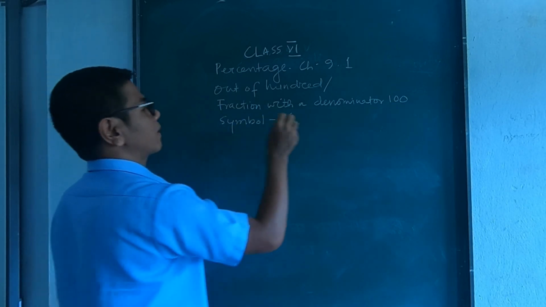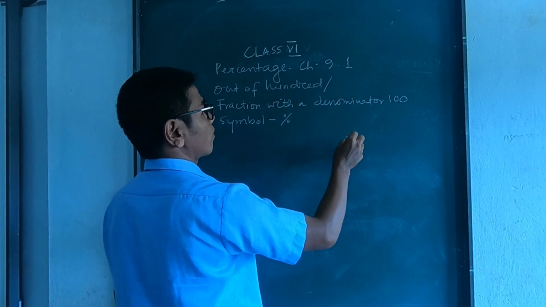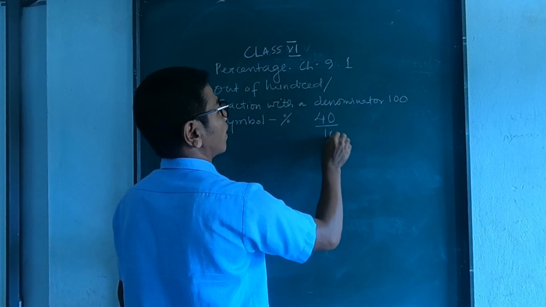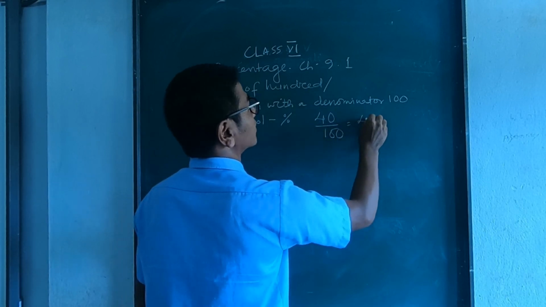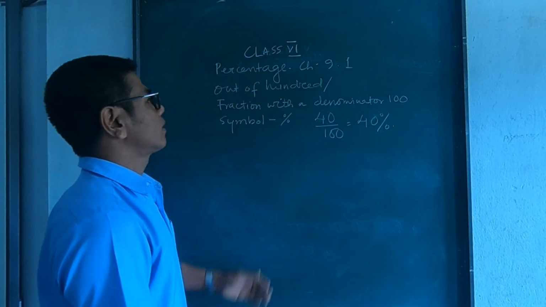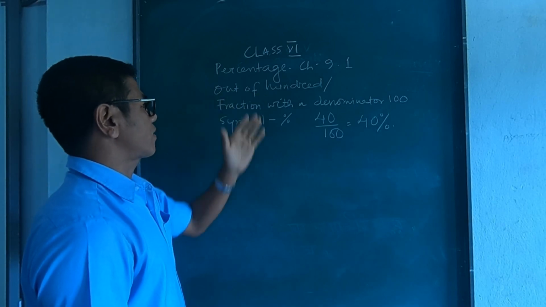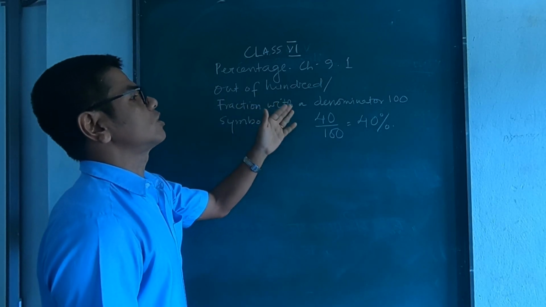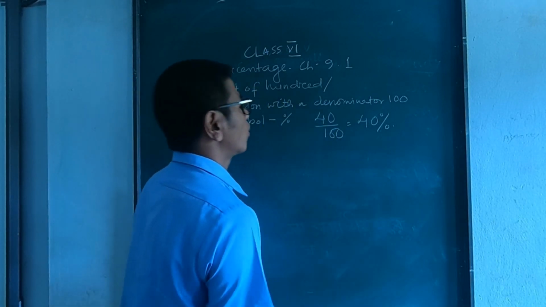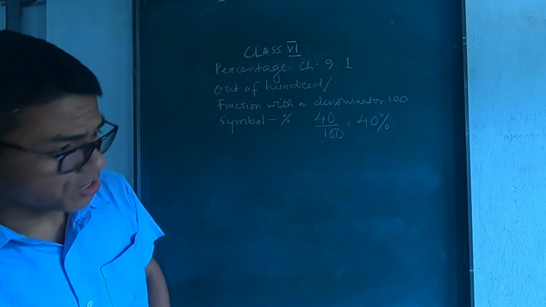So when we write percentage, for example, if you score maths 40 out of 100, we write 40%. So this is the meaning of percentage. Out of 100, fraction with denominator 100. This is what we know a percentage is.